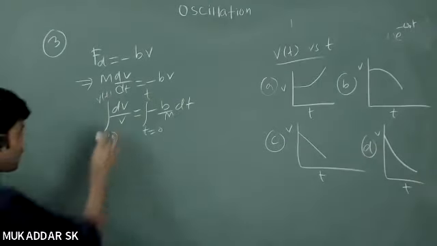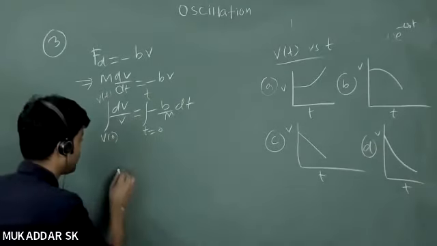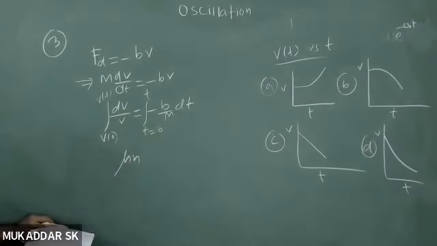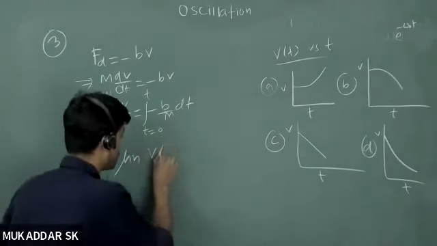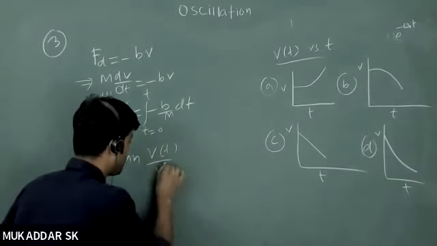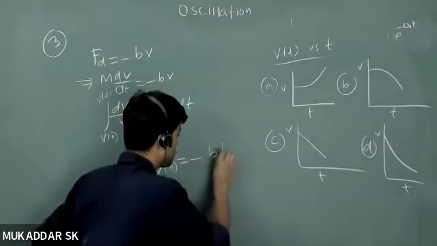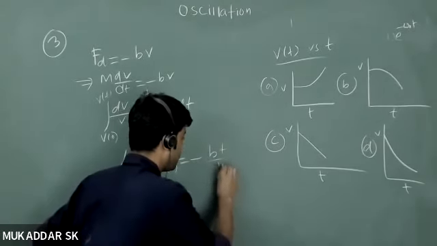If you integrate dv by v, its integration is natural log of v. Now if you substitute the limits, it will provide you ln of v_t divided by v naught equals minus bt by m.